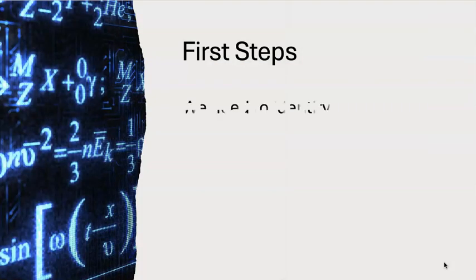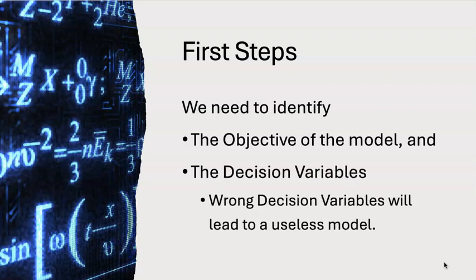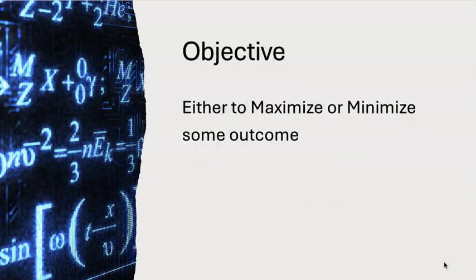Now, first steps. We need to identify the objective of the model, which is why we're doing this model, what's the purpose, and the decision variables. So the wrong decision variables will give you a useless model, garbage in, garbage out. So the objective is either to maximize or minimize some outcome.